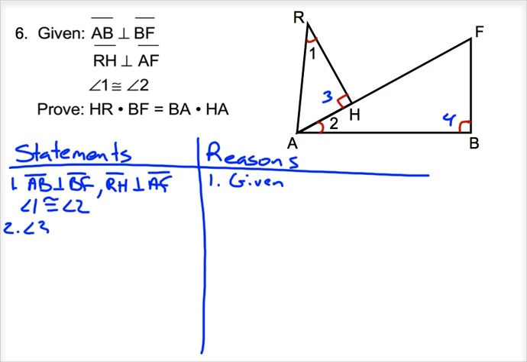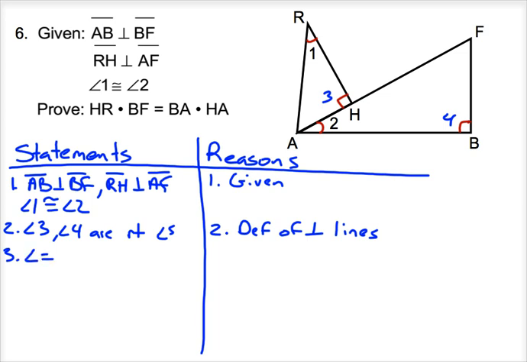So angle 3 and angle 4 are right angles, and the reason is the definition of perpendicular lines. Now I'm going to state that angle 3 is congruent to angle 4, and the reason would be right angles are congruent.